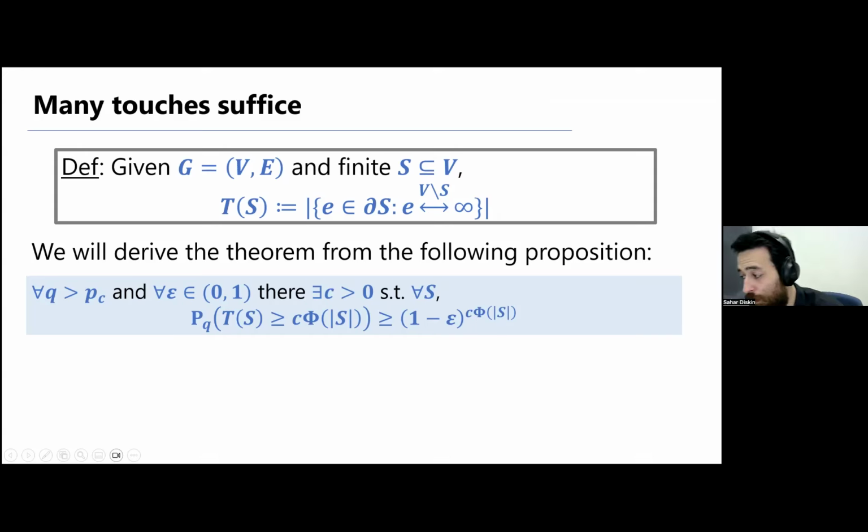So what does this proposition tell us? It tells us that it's not too unlikely for a set to have many touches with the infinite component. For any fixed set, it's not too unlikely that I will find many edges in its boundary that eventually go to infinity.